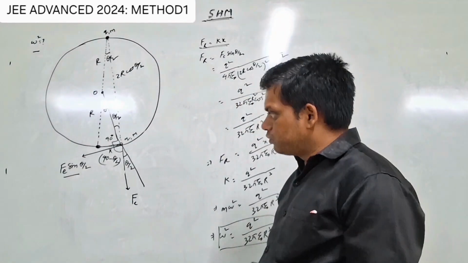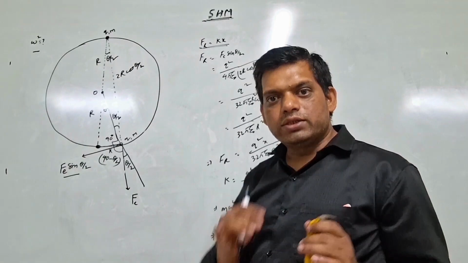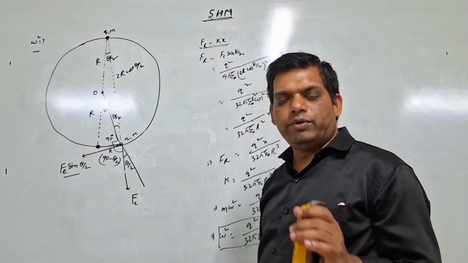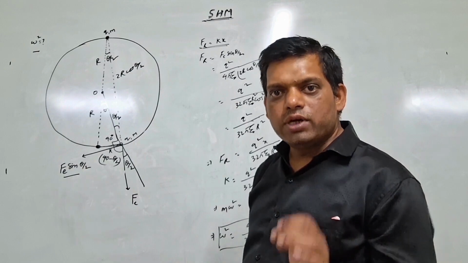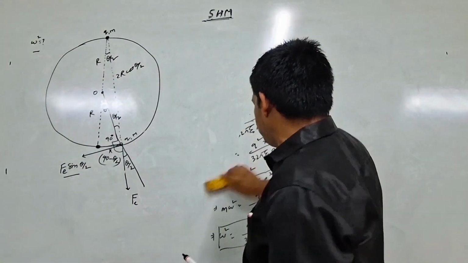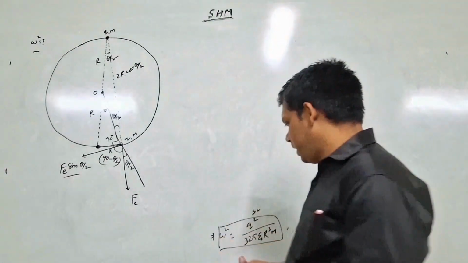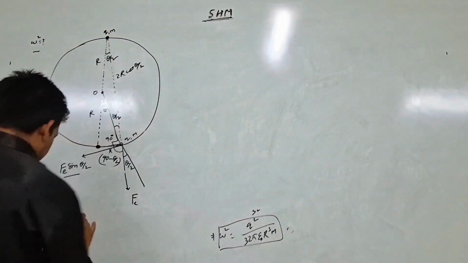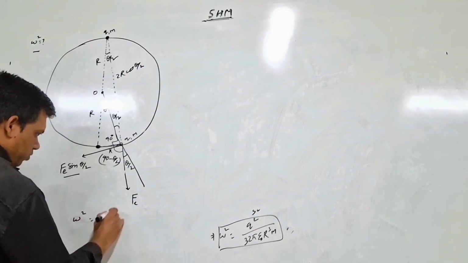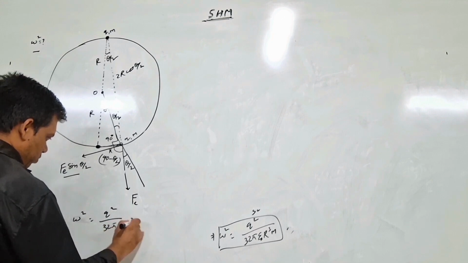So we will solve this question by assuming it as angular simple harmonic motion. So we will discuss here angular simple harmonic motion. We will write the answer here: omega square is q square upon 32 pi epsilon naught r cube.